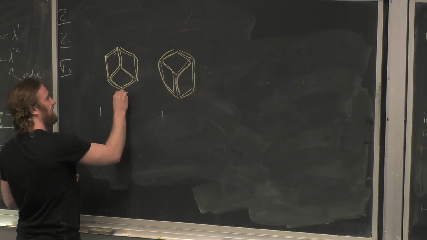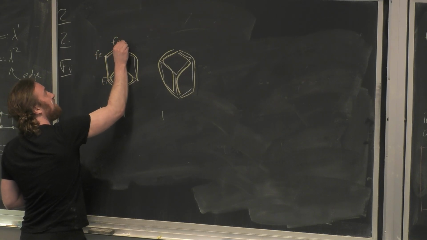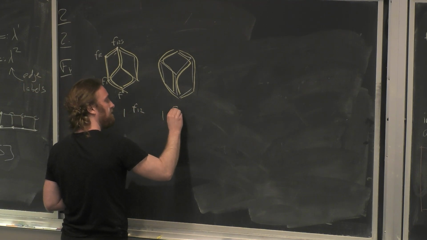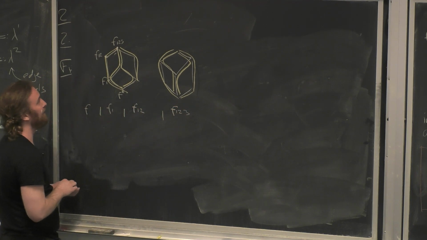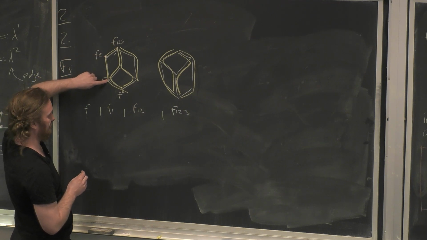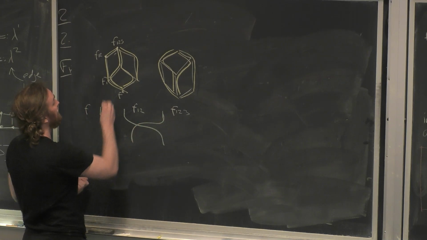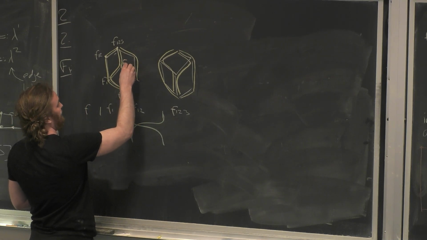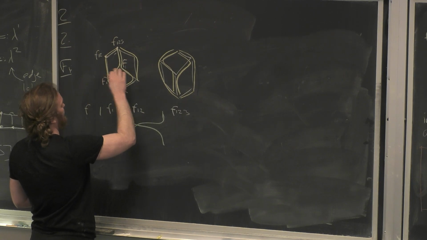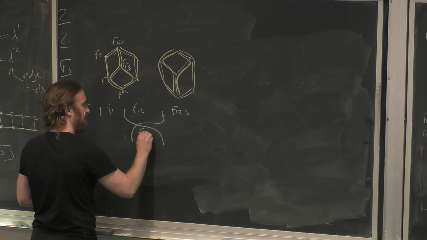So I don't know, maybe this is F1. So I would have F1. And then my first flip was here, F1 to. So I could draw it like this. And then I get, what's this? This is F1. This is 3, so it would be F1, 3. Yeah? So then I have 1, 3 here.